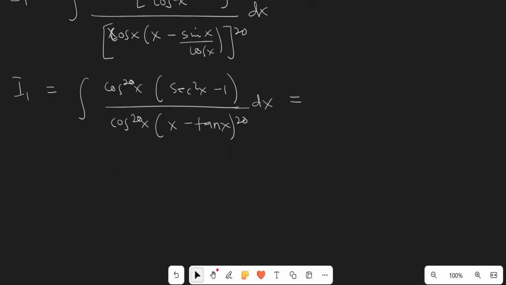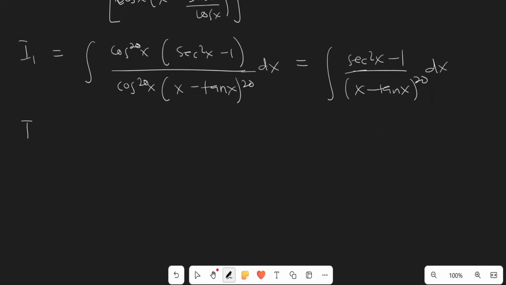So the cosine to the 20 of x will cancel out. That becomes the integral of (secant square x minus 1) all over (x minus tan of x) to the 20th power dx. So I1 becomes, I can multiply the integral by -1 and then reverse what is inside the integral.